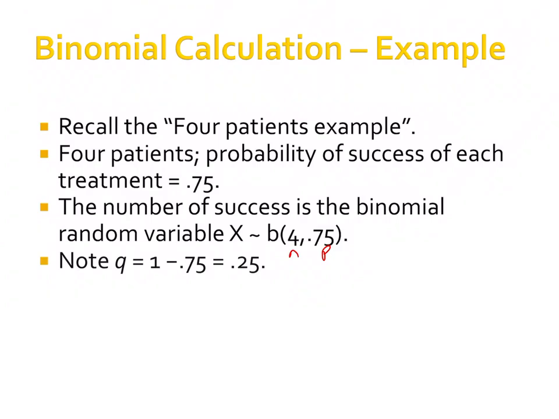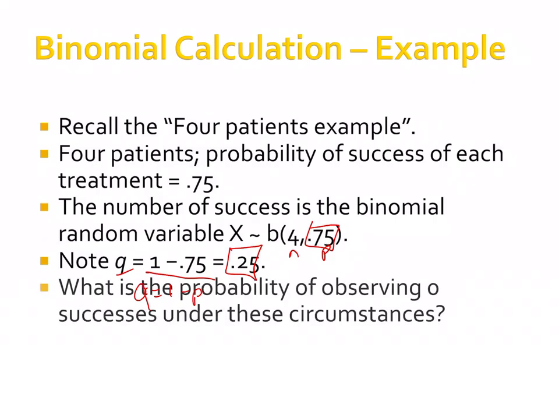And then we note q is equal to 1 minus 0.75, which is 0.25. Remember, q is the complement of p, so q equals 1 minus p.